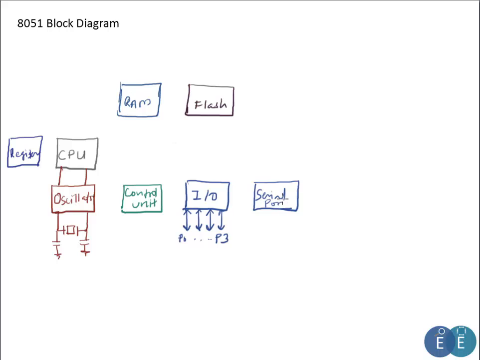In modern controllers we have support for a lot of different serial protocols like USB or SPI, but in 8051 we have the serial port which has transmit and receive pins.